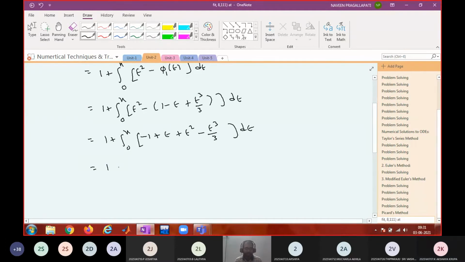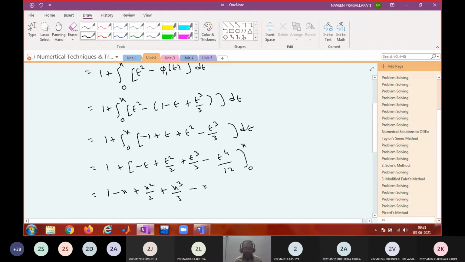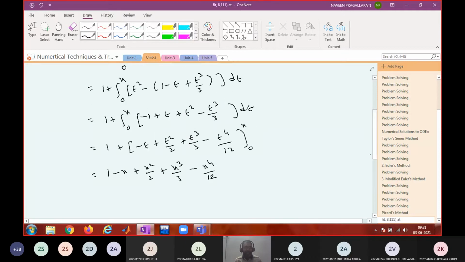So this is 1 plus minus t plus t square by 2 plus t cube by 3 minus t power 4 by 12, with the limits from 0 to x. So this is 1 minus x plus x square by 2 plus x cube by 3 minus x power 4 by 12. So this is your second approximation.